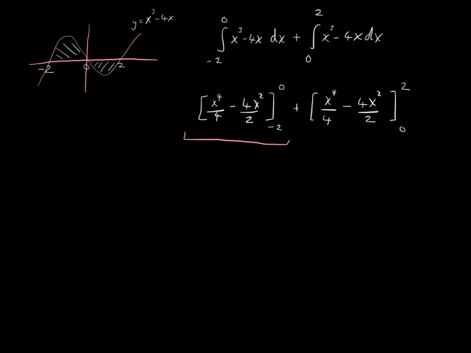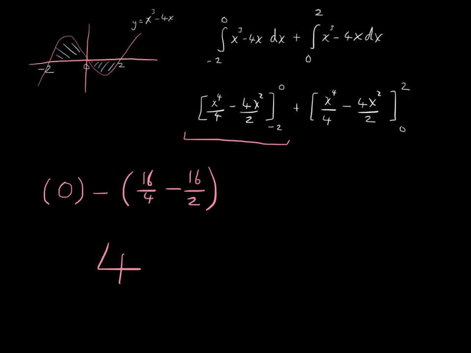Substituting in 0 simply gives us 0, minus, substituting in minus 2, we get 16 over 4 minus 4x squared over 2, which is 16 over 2, and when I simplify, 16 over 4 minus 16 over 2 is minus 4. With this minus sign outside the front, that gives me an answer of 4, which is the area under this part of the curve here.